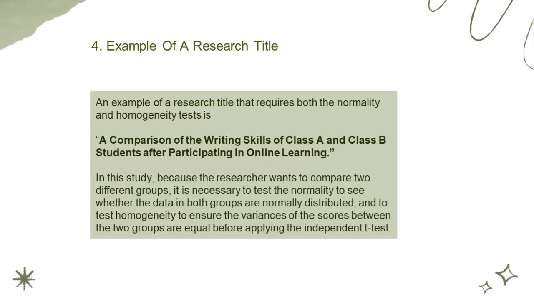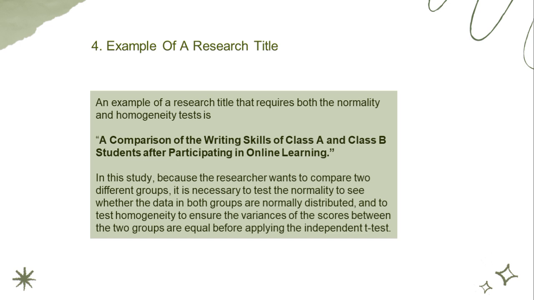And the last, an example of a research title. An example of a research title that requires both the normality and homogeneity test is a comparison of the writing skill of Class A and Class B students after participating in online learning.